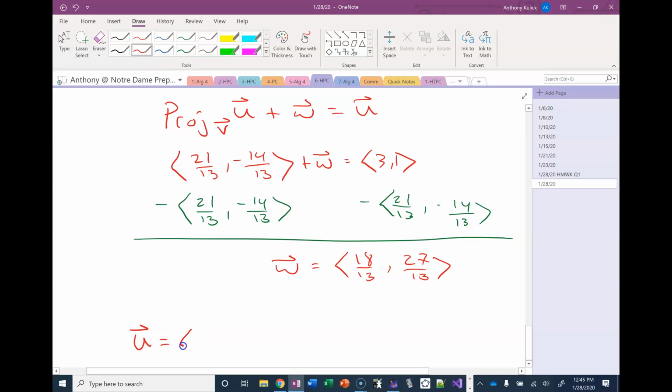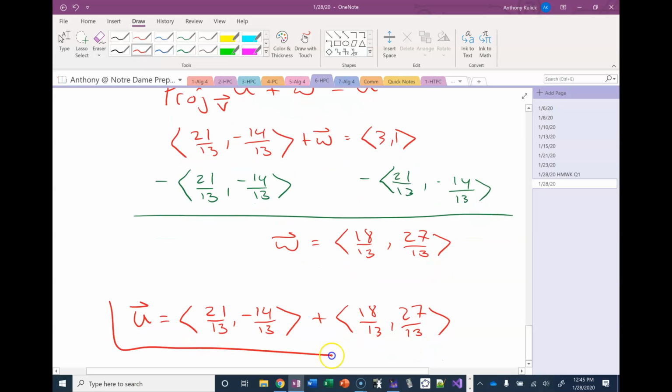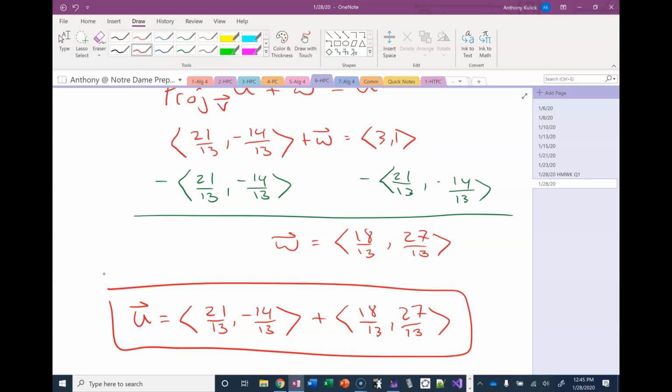So then I can say that u is 21 over 13, negative 14 over 13, plus 18 over 13, and positive 27 over 13. So that would be 39 over 13.